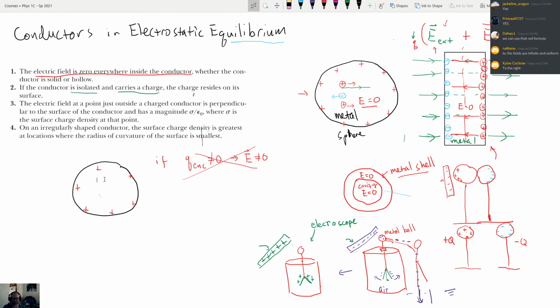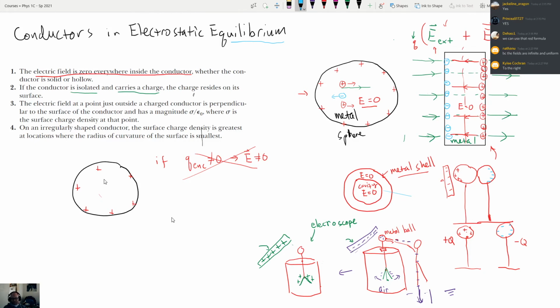So now you can actually apply this to the lightning storm thing that I was talking about. Most cars have a lot of metal in their frames, right? If you're sitting inside of a car, you have this cage of metal around you.